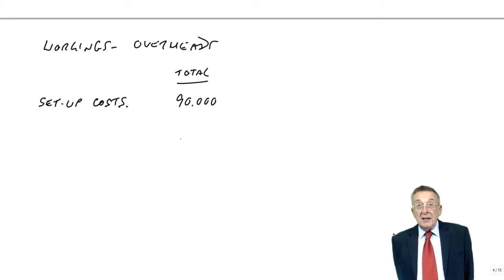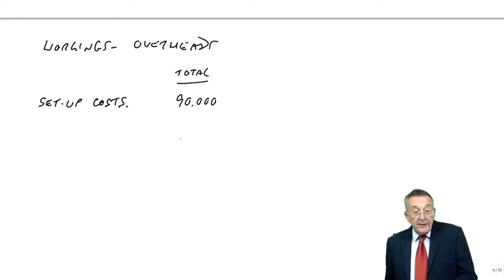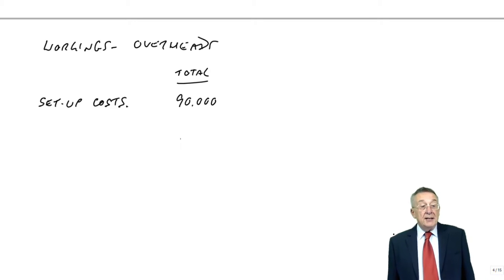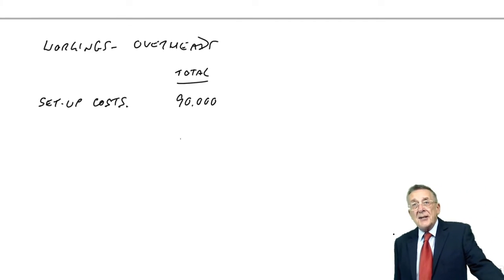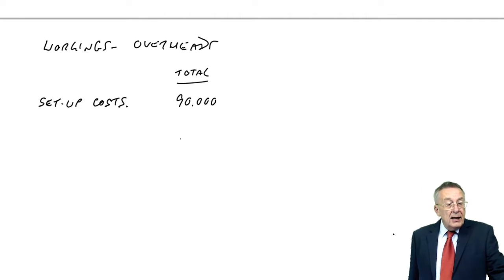And we want to absorb it. I want to end up charging some of it to product A, some of it to B, some of it to C. And the way we'll do it, we'll say, well, what's causing, why are we having all these setups and needing all these men? Well, what's causing it is the number of times we set up.